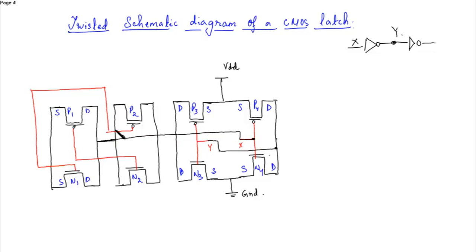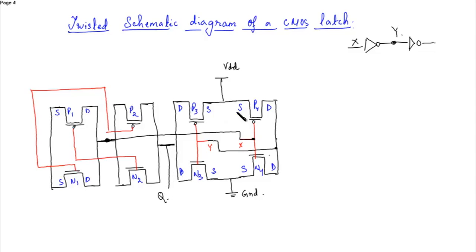Okay, now X is given, the output is obtained from here, these two junctions. This is the output Q.